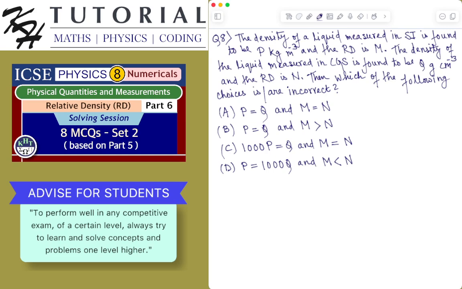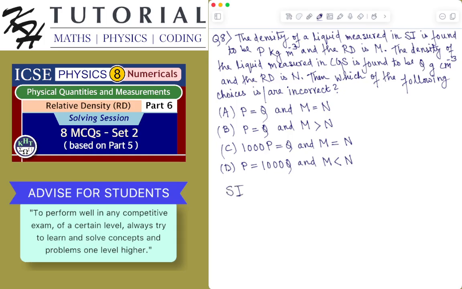Now what is given? For a liquid, the density and the relative density are measured in the two systems of unit, that is SI and CGS, and their values are given.